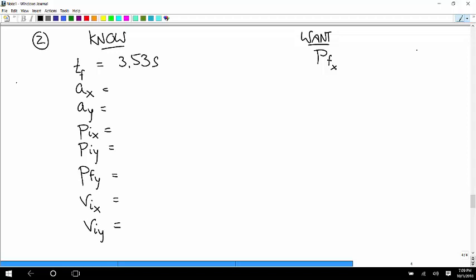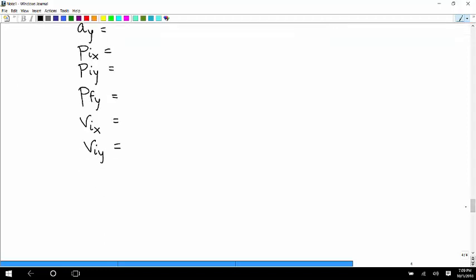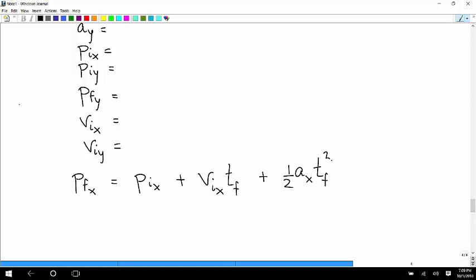Okay, so now is there an equation that has PFX and everything else in it is known? And now that we found time final, there is one. We can use this one. PFX is equal to PIX plus VIX time final plus 1/2 AX time final squared.